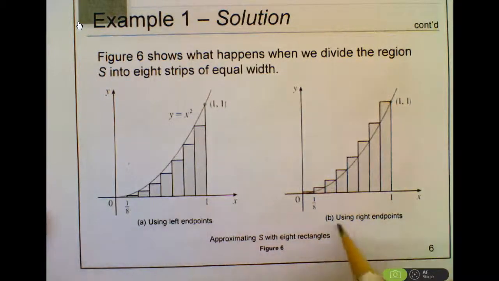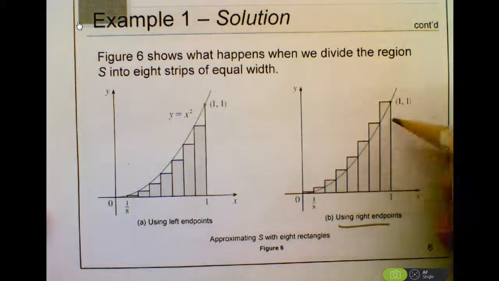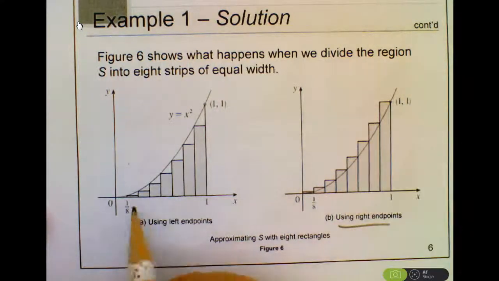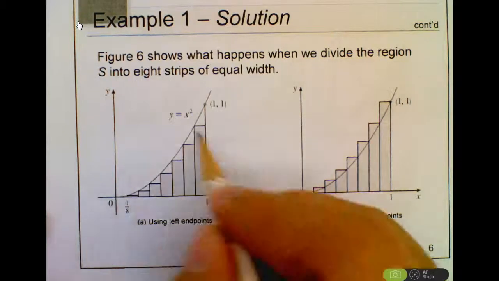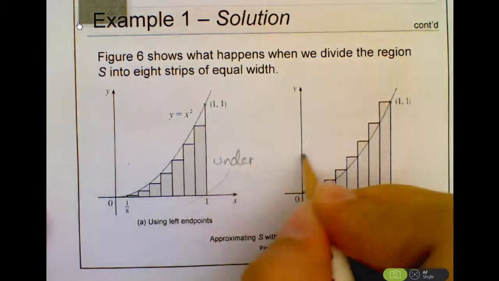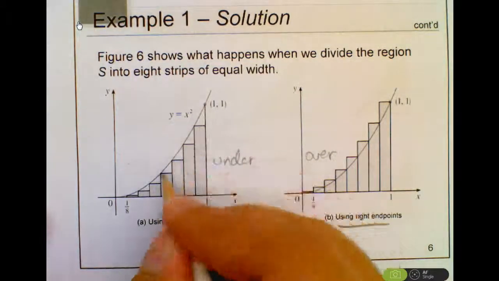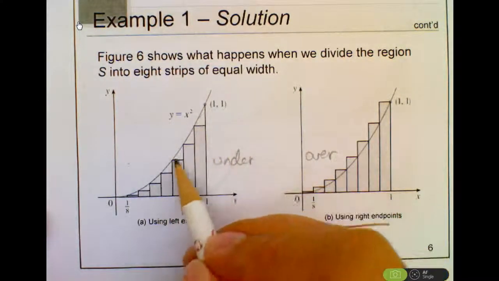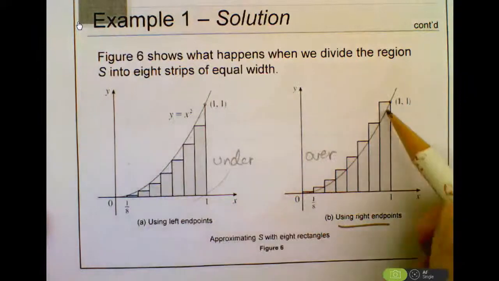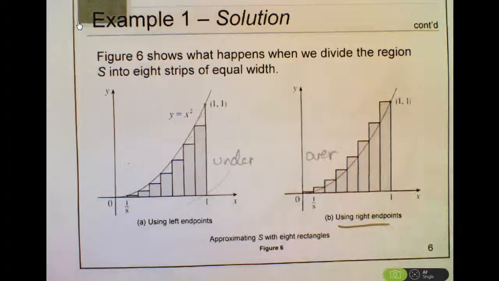This one is using the right endpoints, or the right side of the rectangles, as the height, and in here it is using the left endpoints. So you know that this is going to be an underestimate, and this is going to be an overestimate, because these rectangles do not quite cover the area S that I'm trying to find, and this one covers too much, it's covering more.